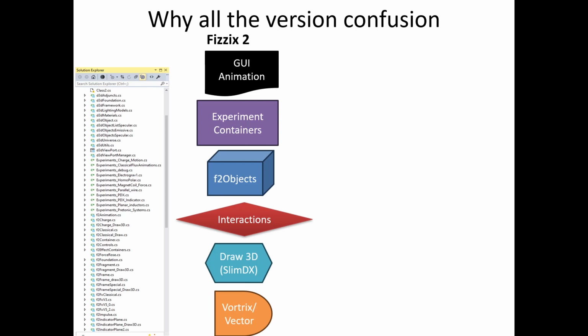In order that I could allow you to mess with these all you want, but I don't want these to be messed with, and to be able to later issue corrections and updates where we complete the interactions, add more F2 objects, or add updates to the Vortex library, I wanted all these to be in their own separate library that's separate from the GUI interface.